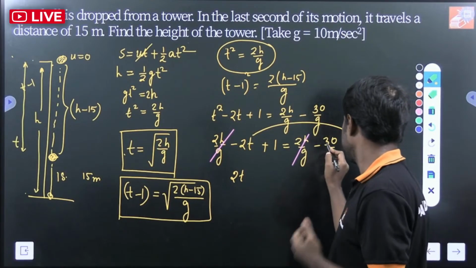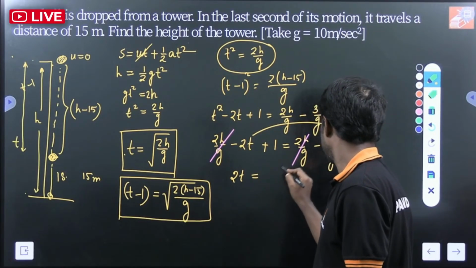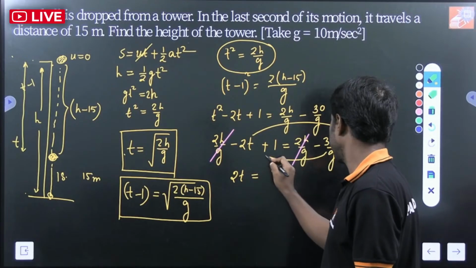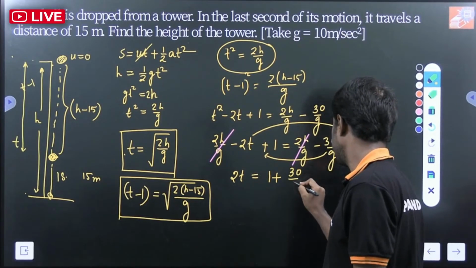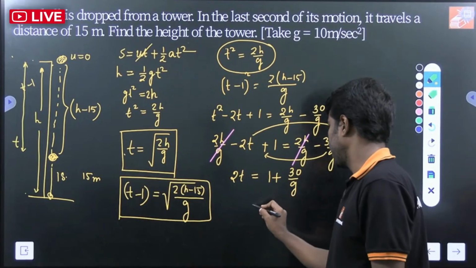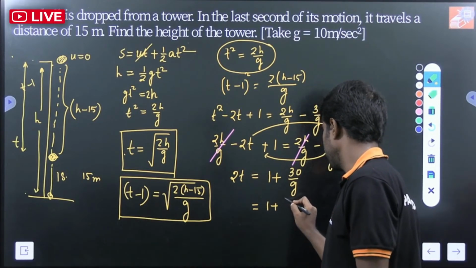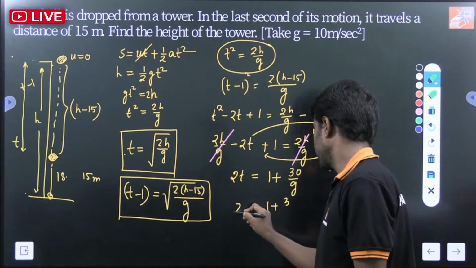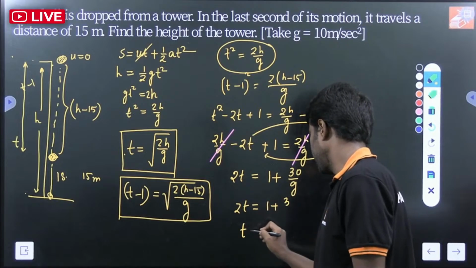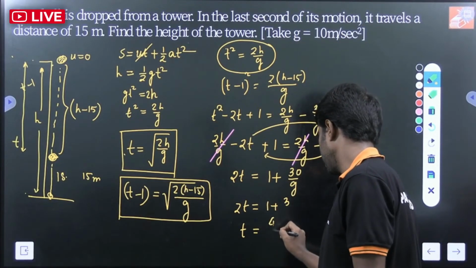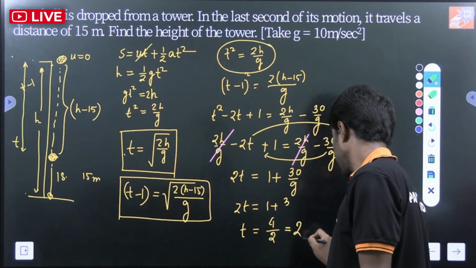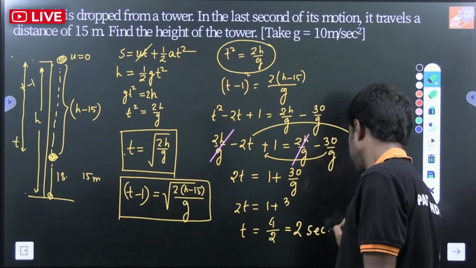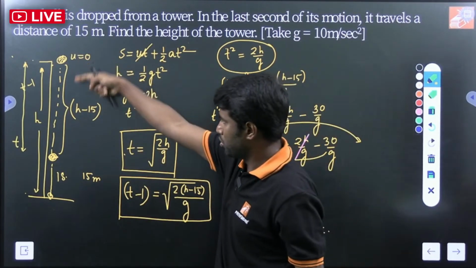The remaining part, 30 by g, becomes positive, that means 1 plus 30 by g. If you put g as 10, that equals 3. So 2t equals 3 plus 1, which is 4, and this 2 we have taken here, so t is 2 second. That means the time taken is 2 second.